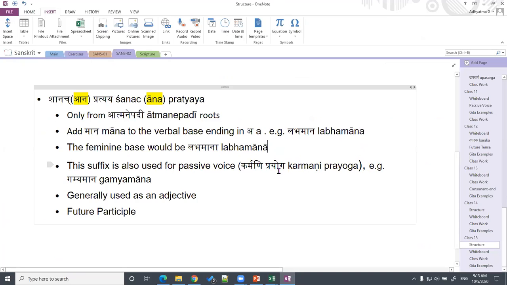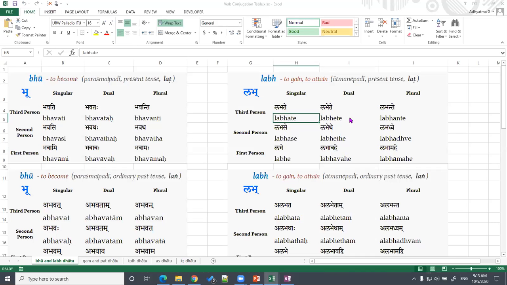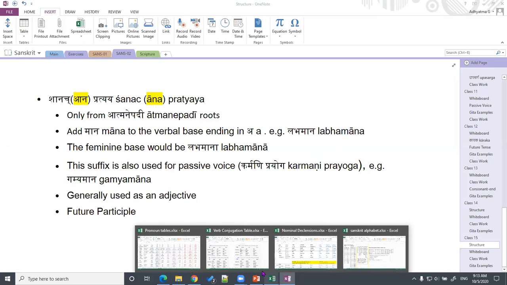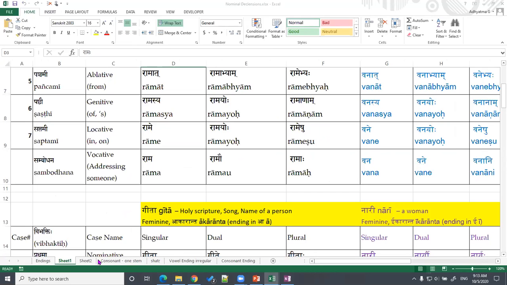labhamana. What does labhamana mean? One who, so it becomes an adjective, and labha means, as you know, the base labha means to attain, to gain. So one who is gaining. So it becomes the base for one who is gaining. They're just like the gachan, when we studied gachan for the parasmaipadi roots.